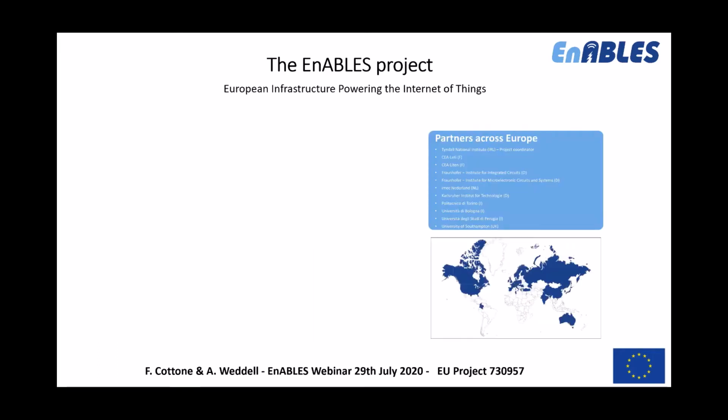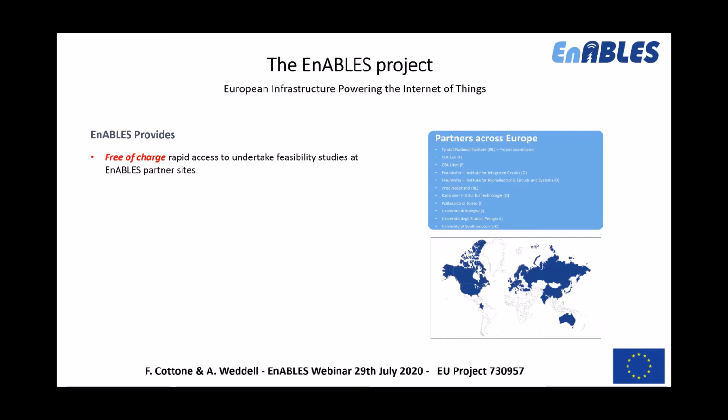So to all researchers that are interested in energy harvesting for powering the Internet of Things, the Enables project is a great opportunity provided by European funding, that is H2020, because this project is a European infrastructure for powering the Internet of Things. In particular, this project collects all the know-how of the researchers around Europe and the facilities about the technology for powering Internet of Things that are available in Europe.